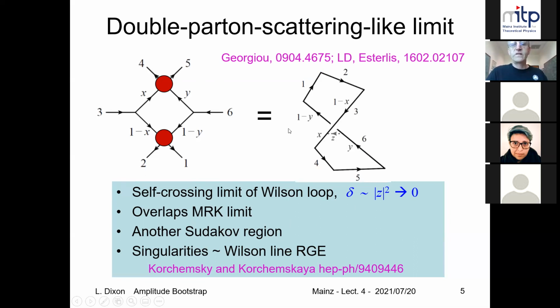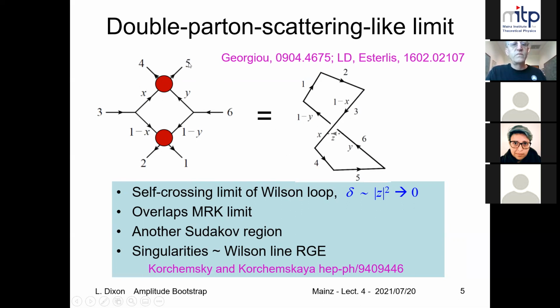When you go through the analysis of this Wilson loop that corresponds to this configuration, you find that because leg 3 is approximately, the x and 1 minus x are approximately parallel, these lines rather, that this line here and this line here almost touch each other.